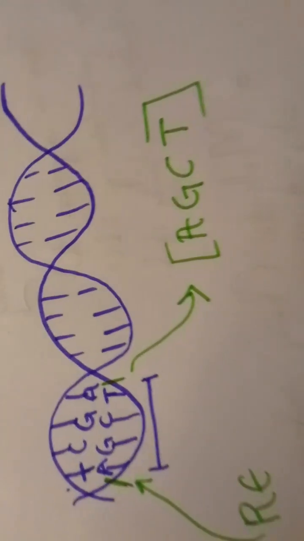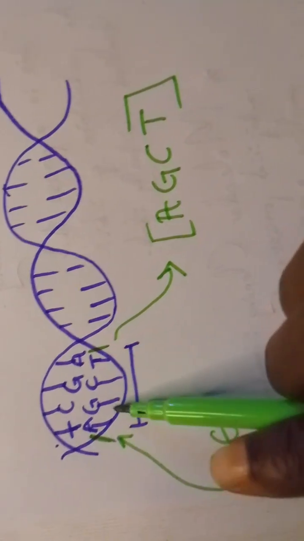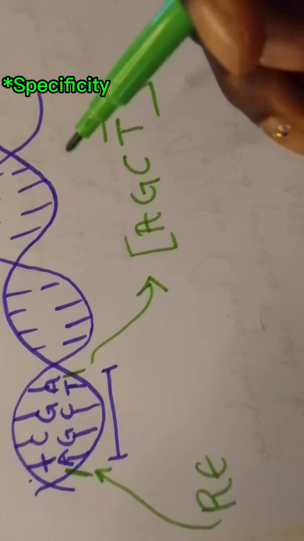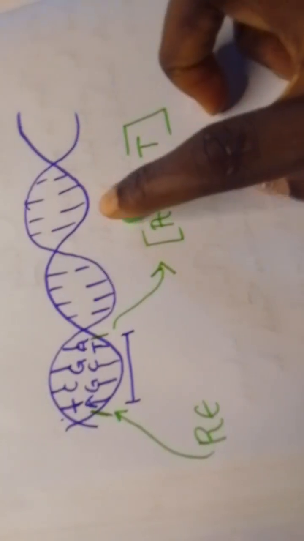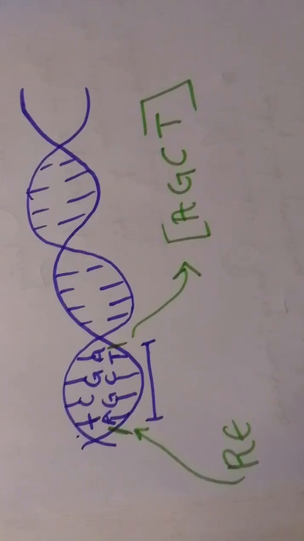So we would use the restriction enzyme to cut that specific segment of DNA to get the gene. Now, restriction enzymes have specificity. They are very specific for the particular segment of DNA which they act on. A particular restriction enzyme would only cut specific regions of the DNA.